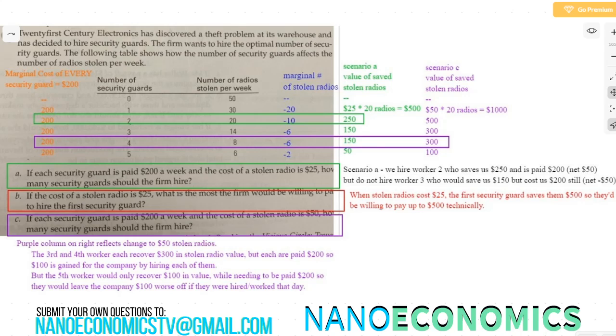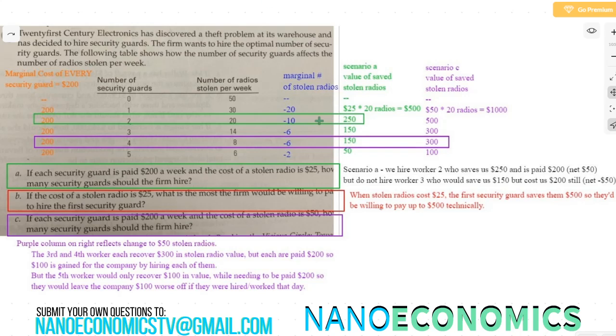Or for every radio a security guard prevents being stolen, we would save an additional $25 in prevented loss.